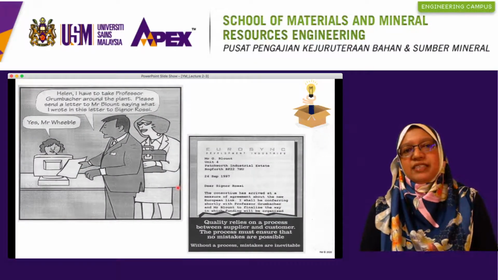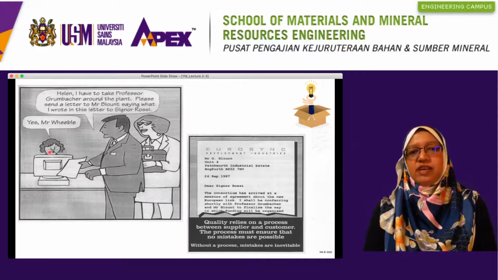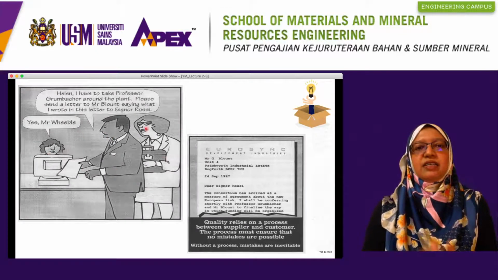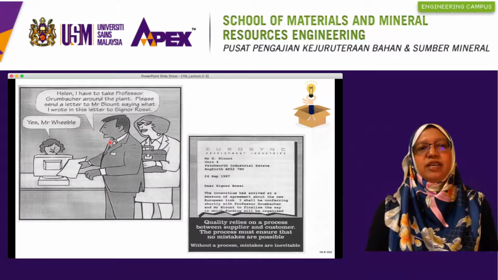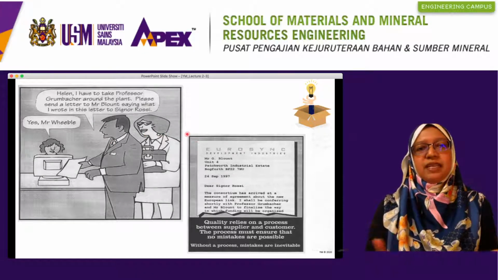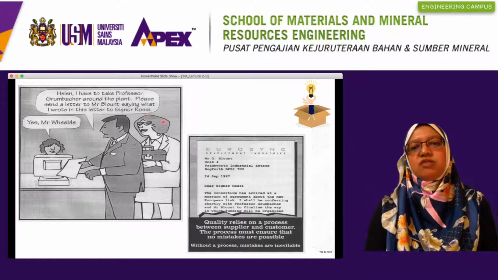Look at this example. So this is Mr. Webber, and this is his secretary, and this is Professor Grumbecker. He said he's going to take Professor Grumbecker around the plant. So please send a letter to Mr. Blount saying that I wrote this letter to signal Rosie.